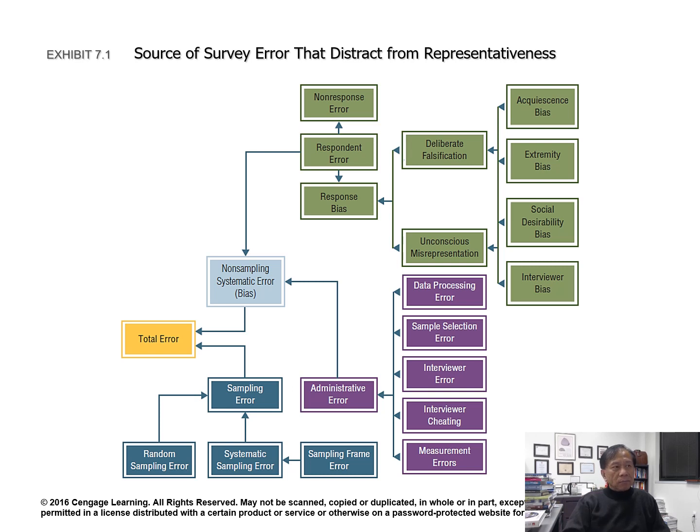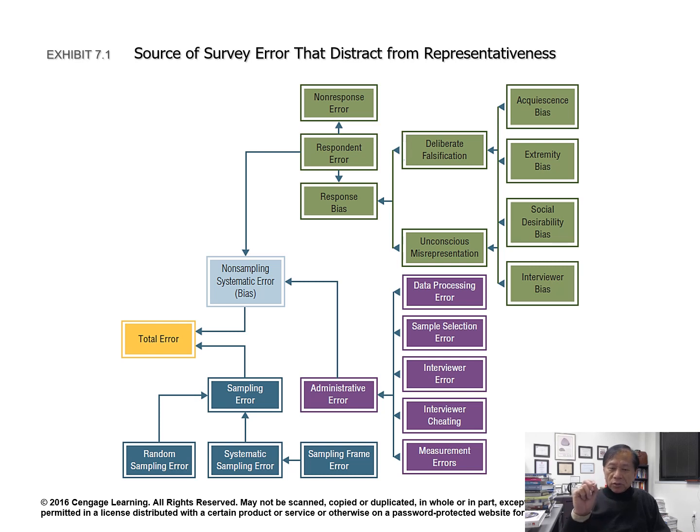There is also the social desirability bias. You ask them about income, for example. The average American income is, say, $45,000, but they feel like, I want to look good. I pretend I'm making $100,000 a year instead of the true number of $45,000, right?